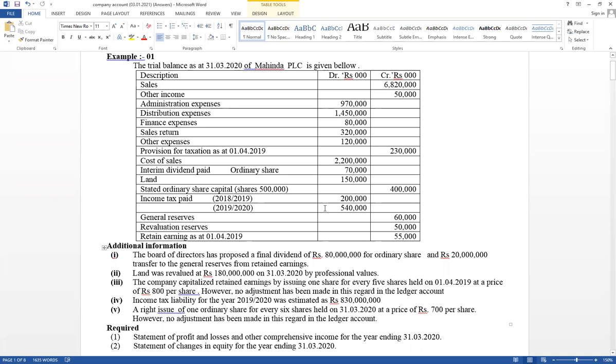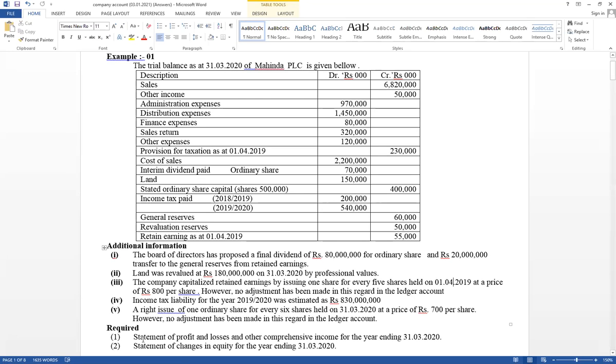Therefore, try to recognize how to adjust income tax, how to adjust rights issue and bonus issue, dividends adjustment, proposed dividends, as well as interim dividends. Then try to recognize how to prepare the statement of profit and loss and other comprehensive income and the statement of changes in equity. We are going to prepare financial statements for publication purposes, not for management purposes.